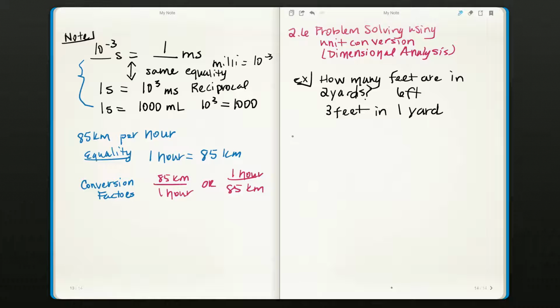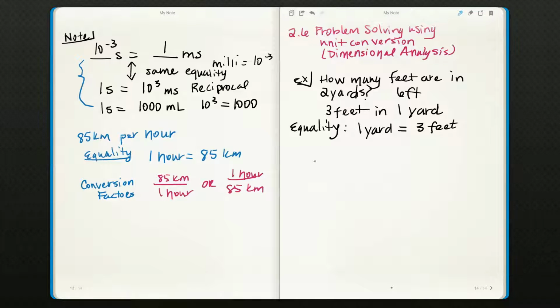But let's talk about how you actually did the math in your head if you set it up using unit conversion or dimensional analysis. So how would you get there using that? So if we first write our equality, so our equality is that for every 1 yard, there is 3 feet.